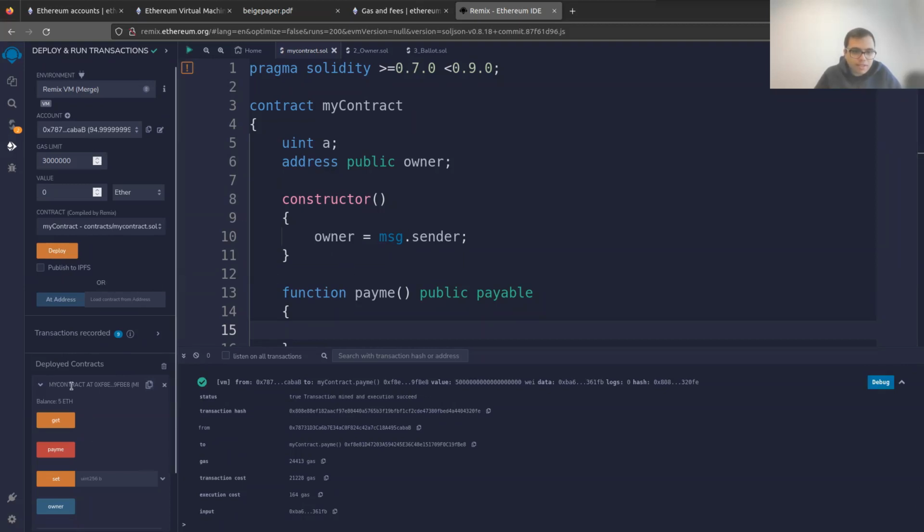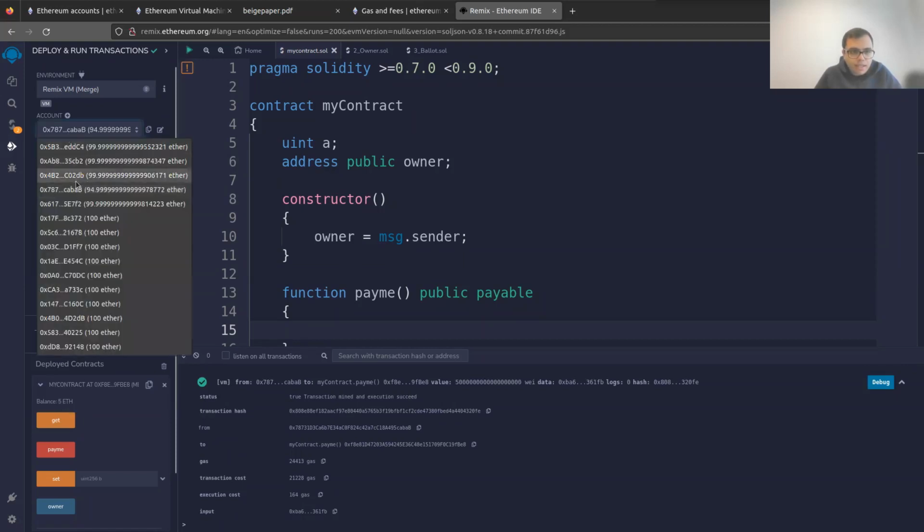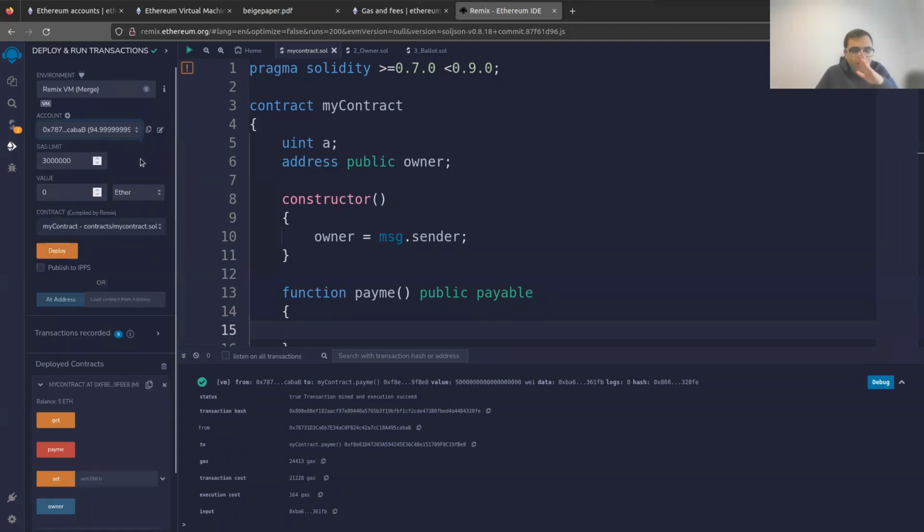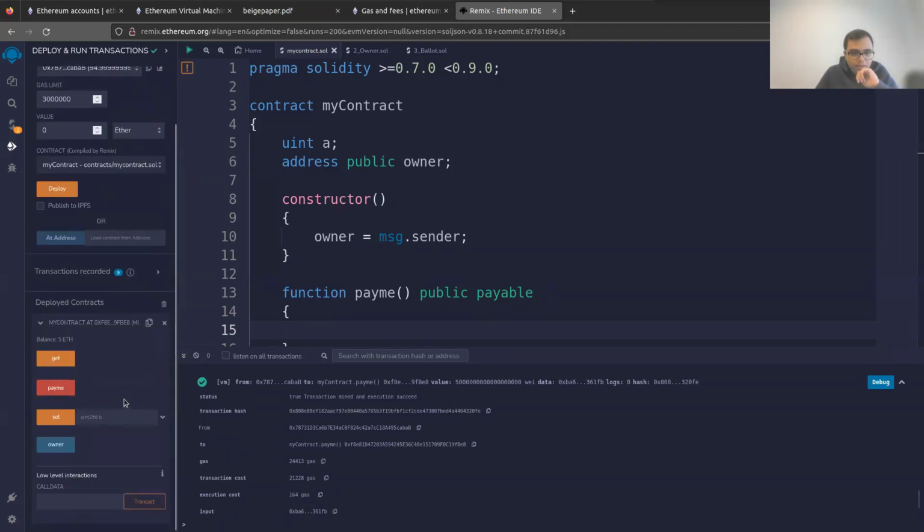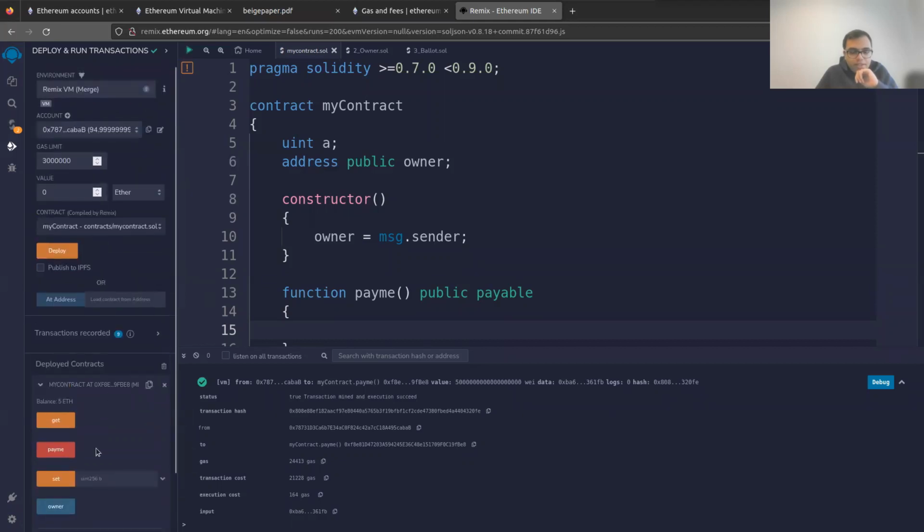So now the balance of my contract is 5 Ether. But the balance of the account decreased by more than 5 Ether because the account had to pay 5 Ether to the contract, and it also had to pay for gas. So that's why my remaining balance is not 95, it's 94 point some 99 blah blah. Okay, so now this contract has 5 Ether.